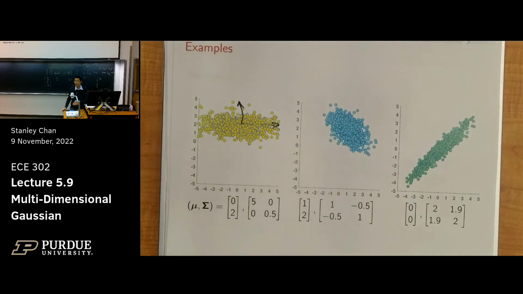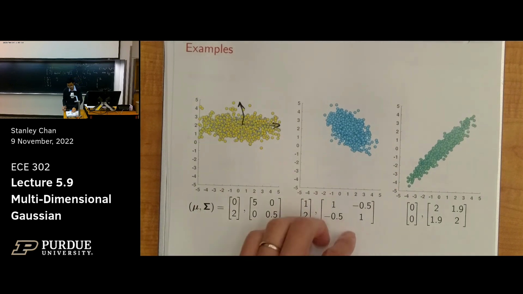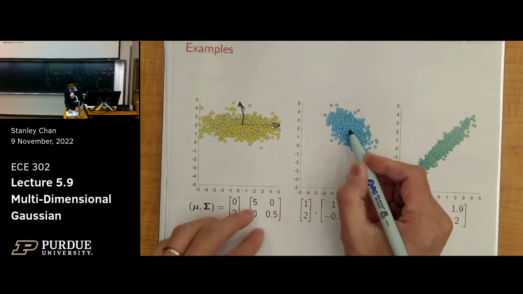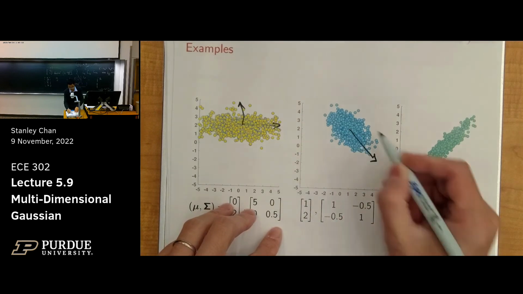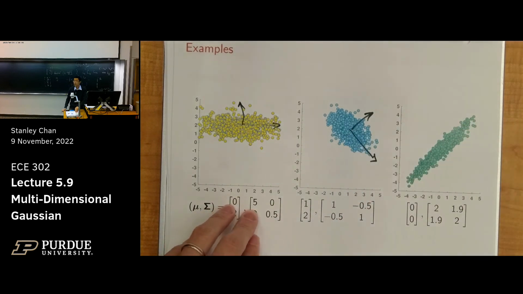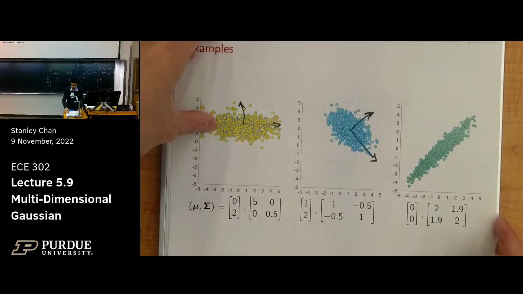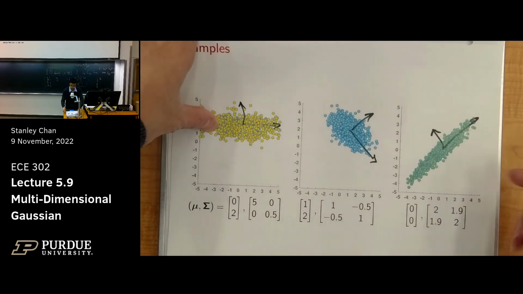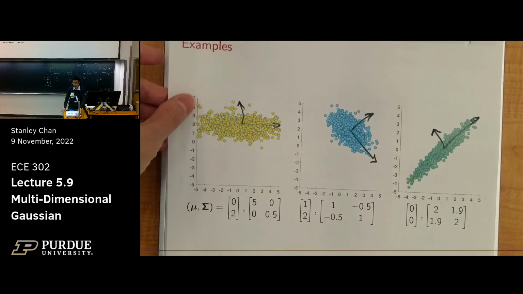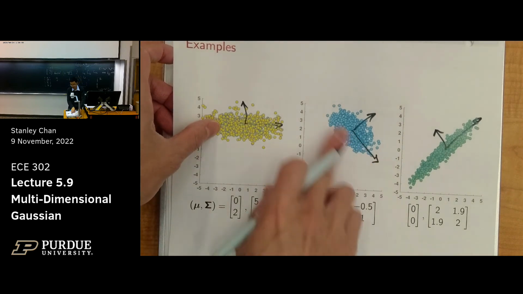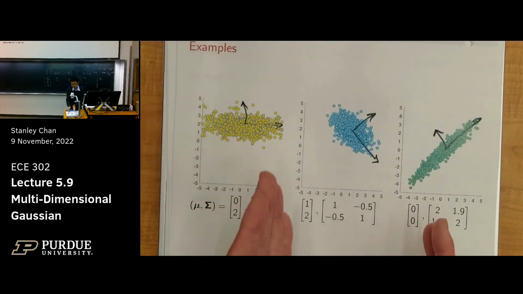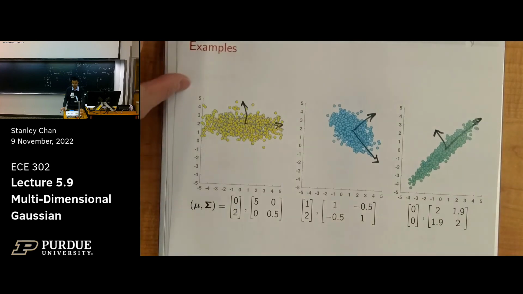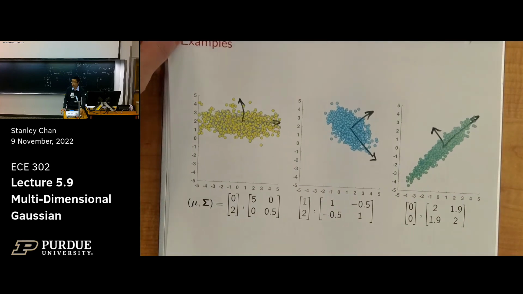One is pointing to the right, one is pointing up. Here, when you have this matrix, you can prove by using the eigendecomposition that one is pointing here, one is pointing there. Now whether this is pointing up or down doesn't matter because you have a pair. You have one on the left, one on the right, so you will take the square anyway, so it doesn't matter.